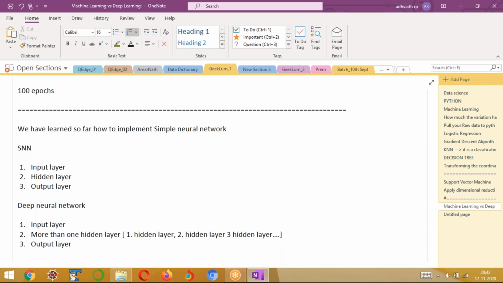It can be added, depending on how many you need. It does not mean that you will add 100 hidden layers. Don't go that high, it will become very complex. Mostly you will get the accuracy with between 1 to 3 hidden layers only. No need to go for 10, 15, 20.